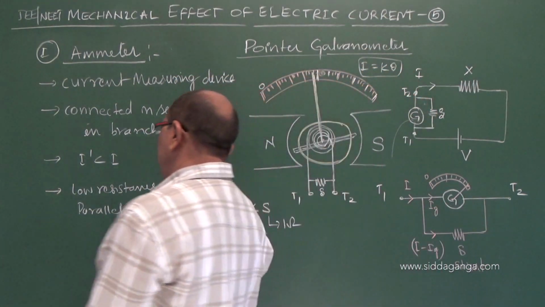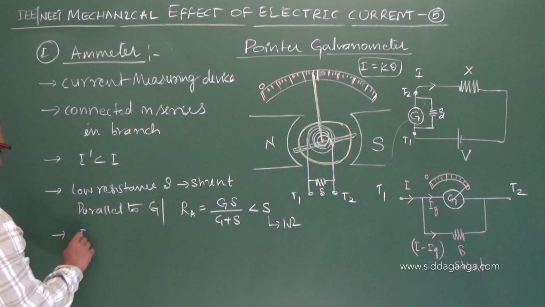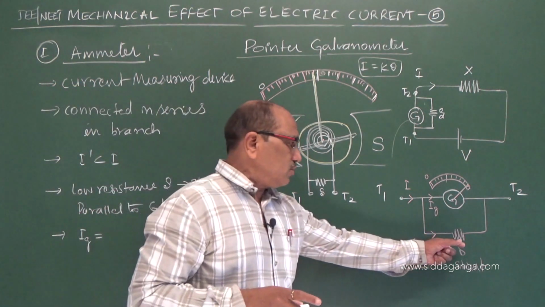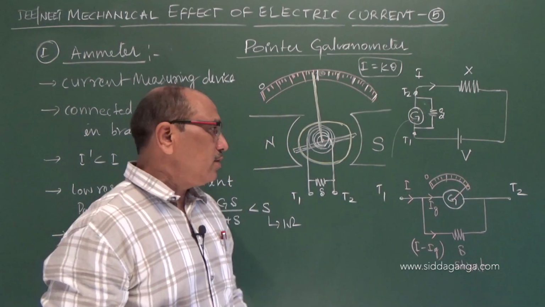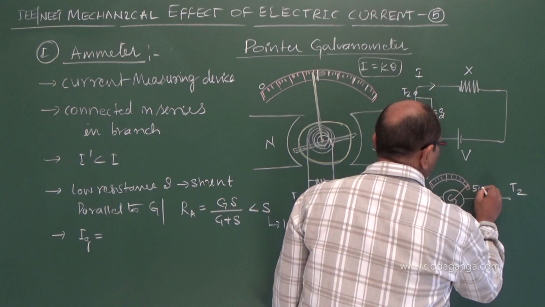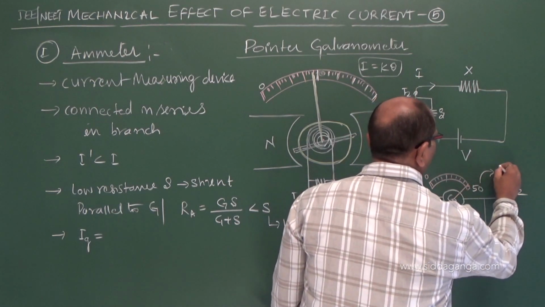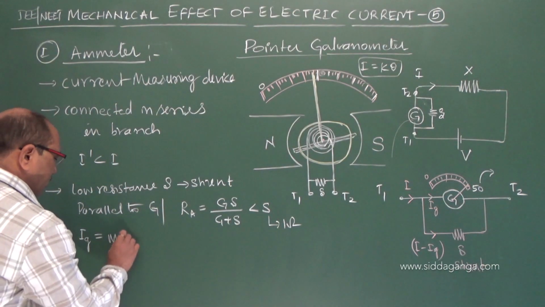So how does this convert? What I mention as Ig is this: without connecting S, if I pass the current to the galvanometer, the maximum, say for example, with 50 divisions, is 50 milliamps. This I can call Ig, the maximum deflection current.